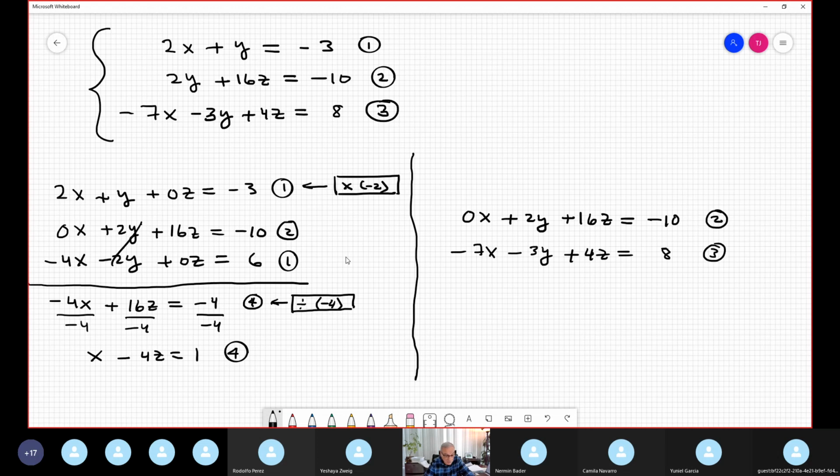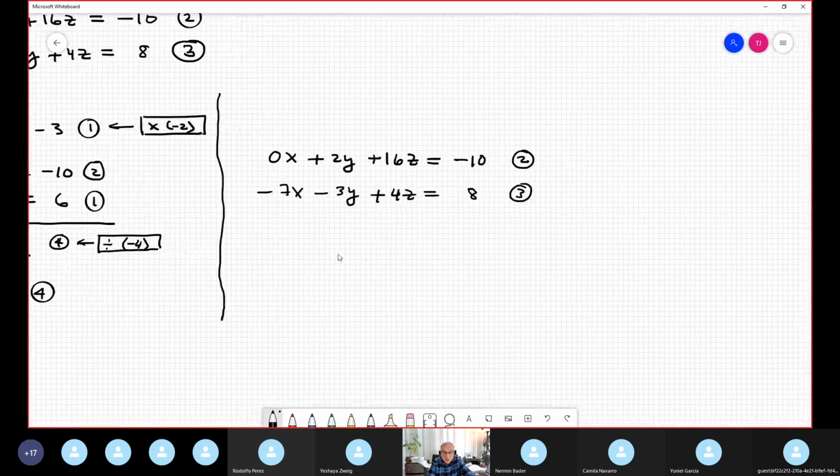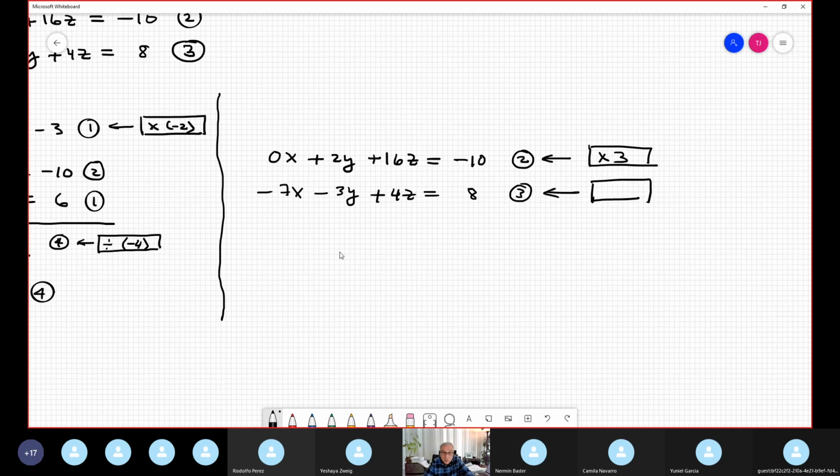I need to do transformations in order to eliminate the same variable, y. The strategy I used was multiplying this equation by 3 and this equation by 2, because I take advantage that the signs are opposite here.